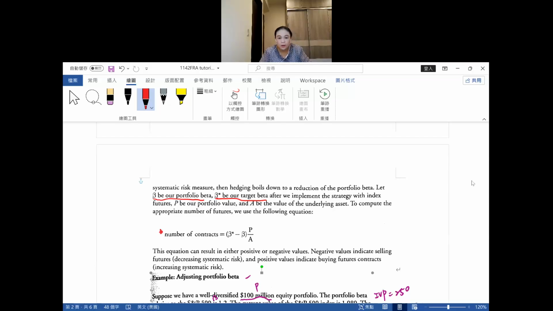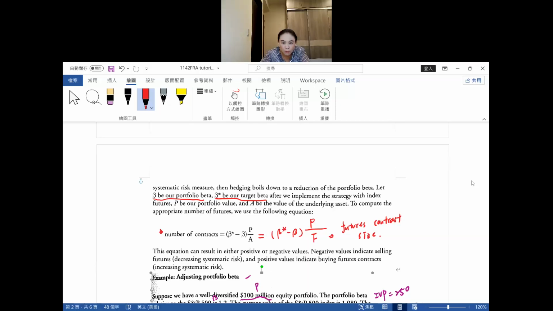P is the portfolio value that we intend to hedge, and A is basically the amount of the assets. Or sometimes you can use the futures contract size as well. Alternatively, some people will use the portfolio value, the total value we want to hedge, with F, which is the contract size for each underlying.